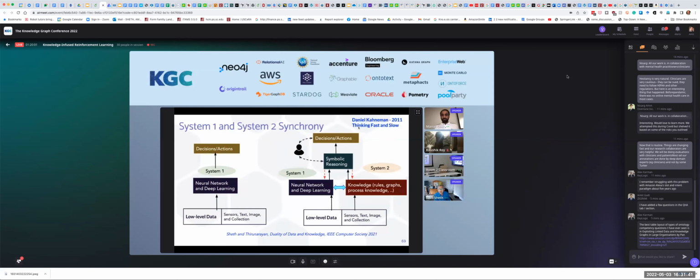One of the very interesting things in front of us is how do you build a system that supports both system 1 and system 2. The community has done great work with statistical AI and learning from data.